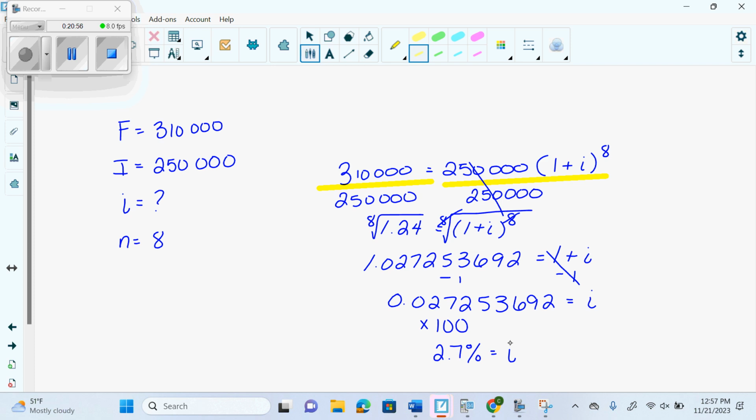It says the average annual growth rate of the population of the city. So 2.7% is the average annual growth rate of the population of the city.